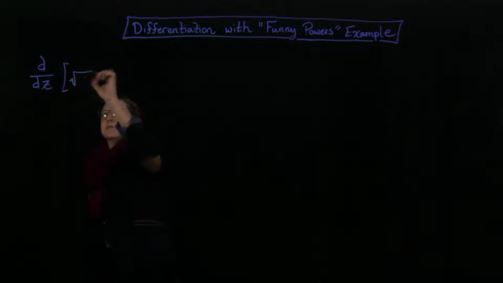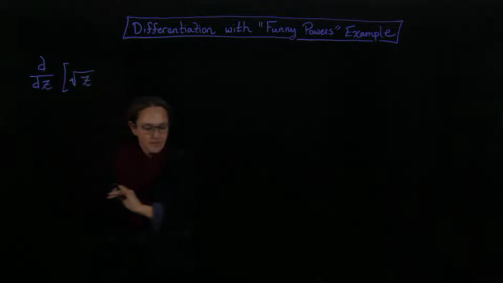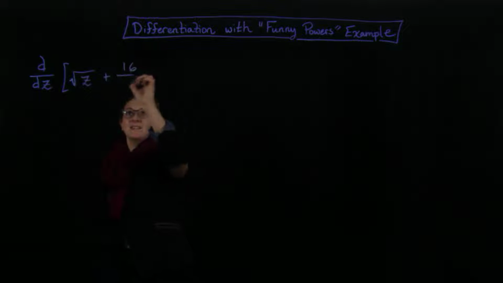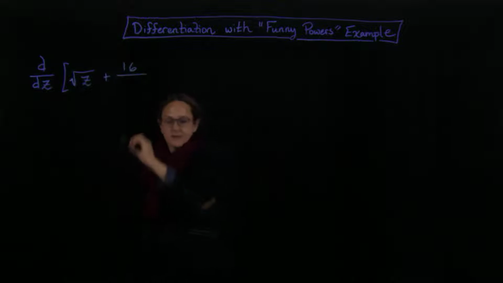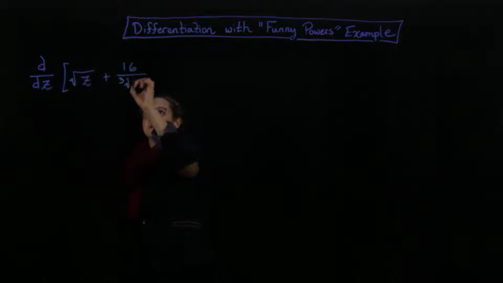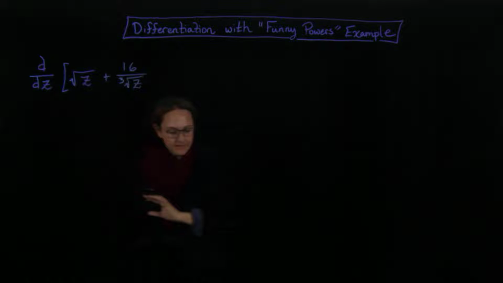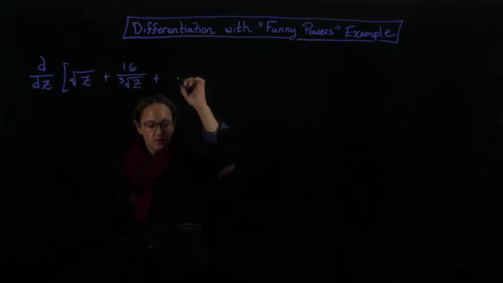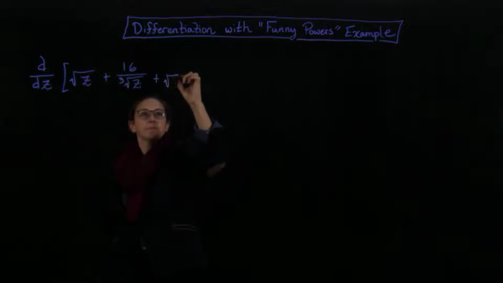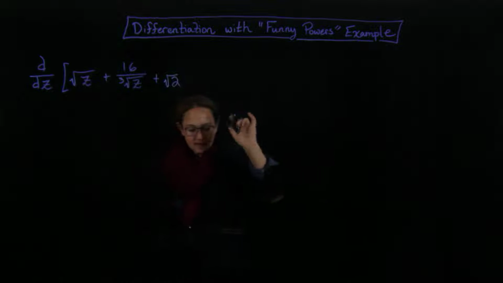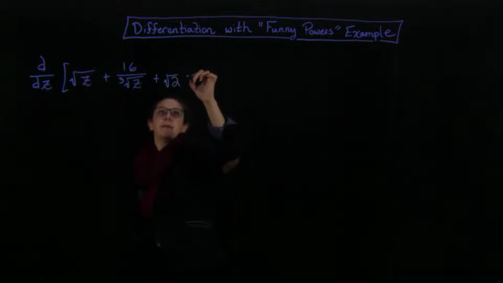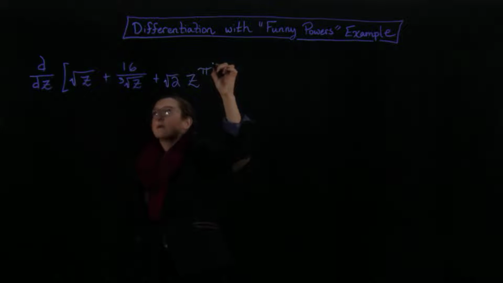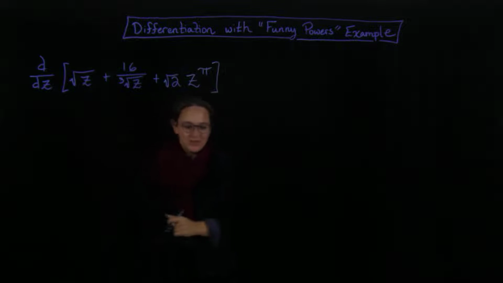So the square root of z, plus 16 divided by the cube root of z, plus the square root of 2 times z to the pi. Okay, so this is what I'm going to differentiate.